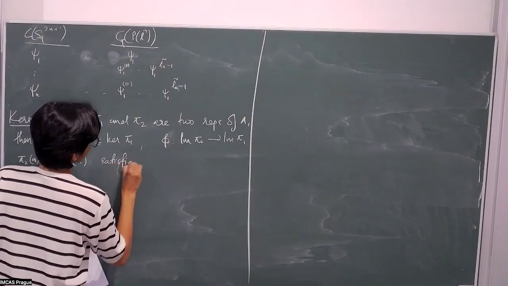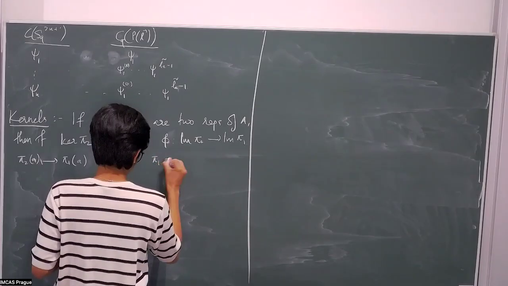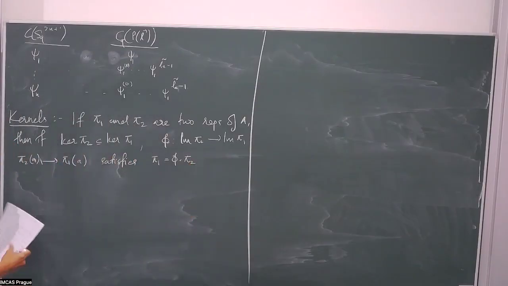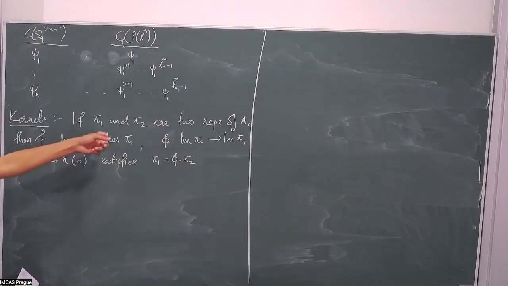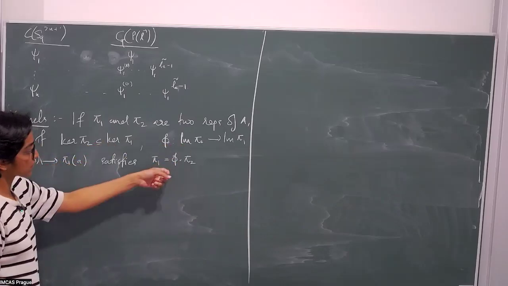It satisfies phi1 equals phi composed with phi2. So if I have two representations and such an inclusion between their kernels, then I can define such a star homomorphism which satisfies this.